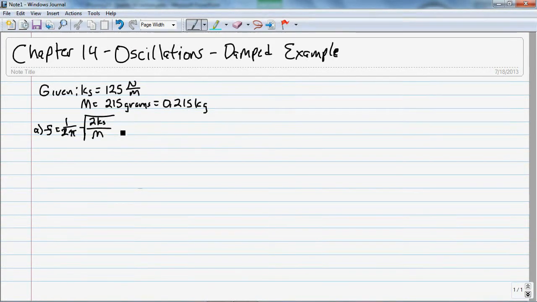We'll divide that by the mass, and so we have 2 times 125 newtons per meter over 0.215 kilograms. And we calculate this out, we get 5.427 hertz.